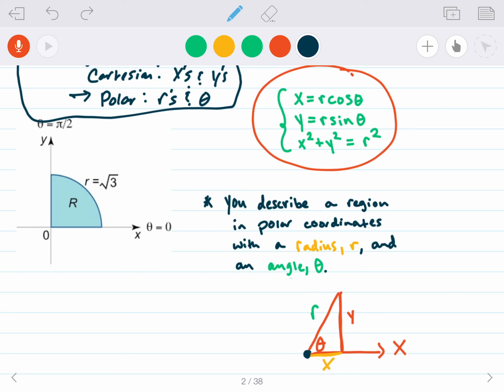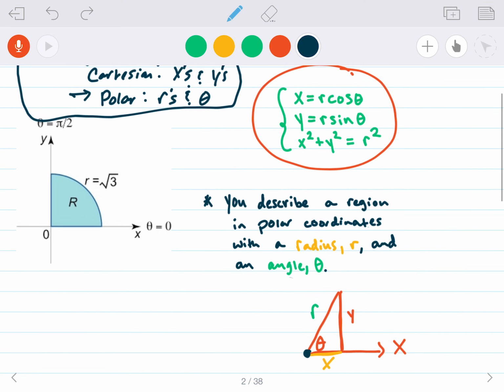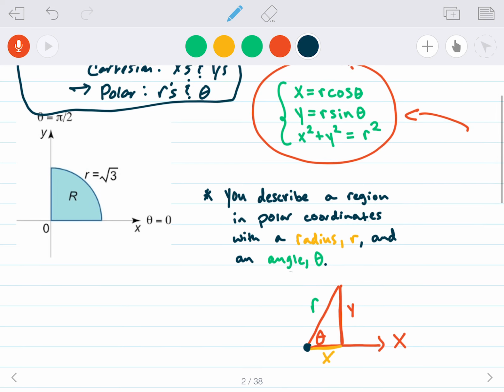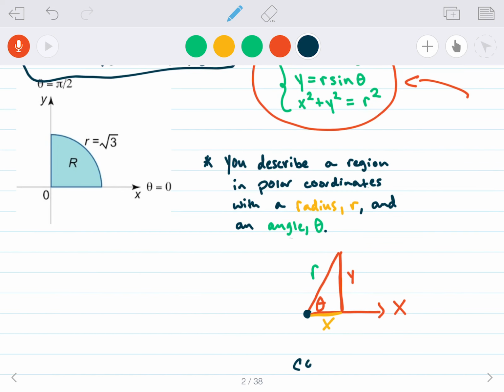So just using basic Pythagorean identities and right triangle trigonometry, we can derive these identities up here. We can say, okay, well, I know that cosine of theta is adjacent over hypotenuse. So adjacent of theta is x and our hypotenuse is r.